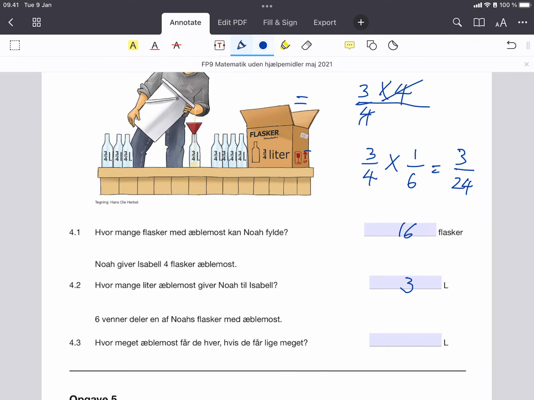So they'd get 3/24 of a litre, which is the same as 1/8 of a litre, or if you prefer 0.125 of a litre. Okay, so that's one way you could do that.